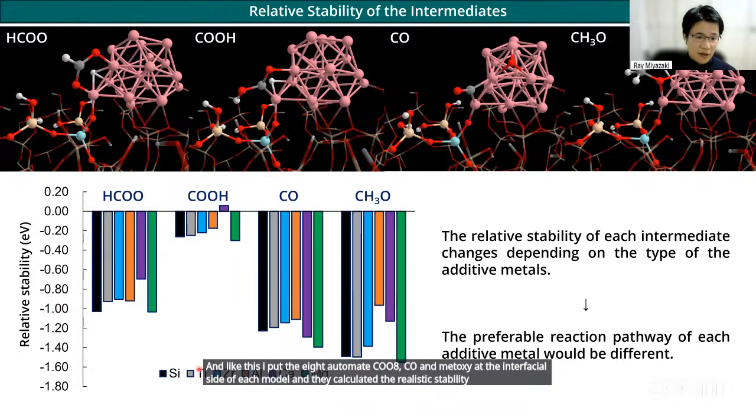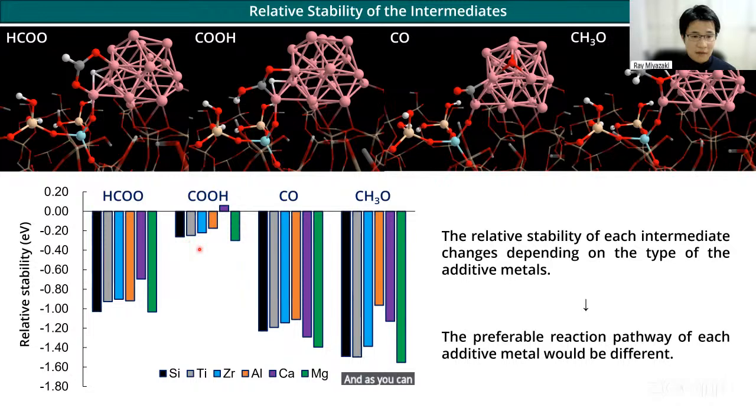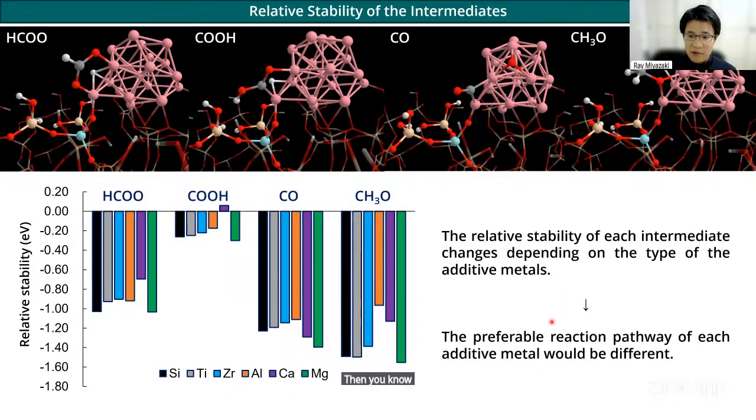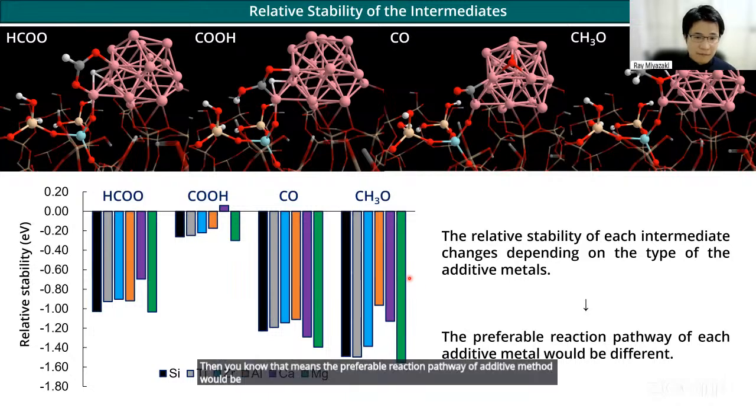Here is the result with different additive metals. As you can see, the relative stability of each intermediate is quite different depending on the type of additive metal. That means the preferable reaction pathway of each additive metal would be different. That is a very important result.